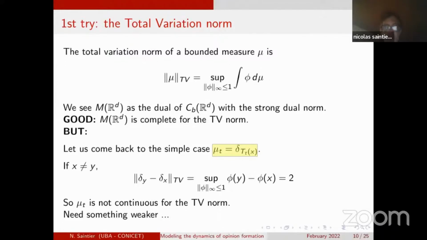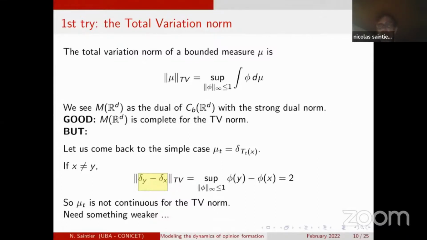But when I look at the distance in the total variation norm between two Dirac masses, if these two Dirac masses are located at two different points, then the norm is equal to 2. Because I only have to take a function phi equal to 1 at one point and equal to -1 at the other point, and so my supremum is equal to 2. So not good.